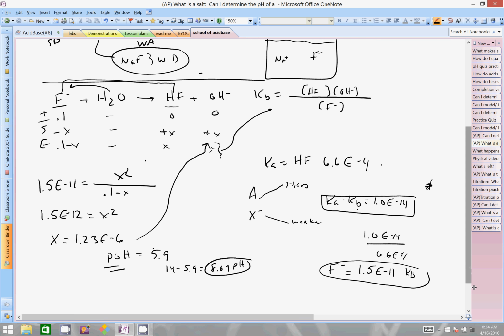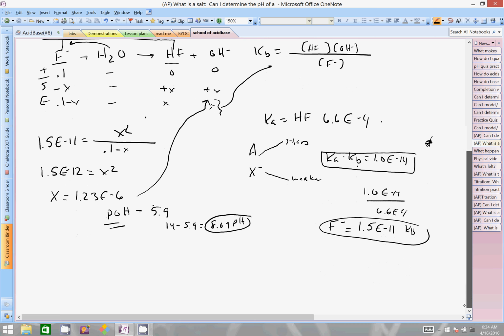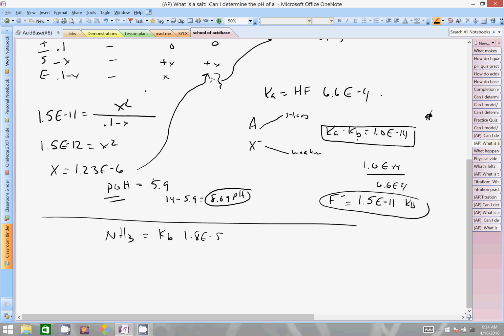Another example where you might use this is typically ammonia, NH3, which is given on charts. Kb for ammonia is 1.8 e to the negative 5th. So let's try an example of this. Let's say you want to do a concentration of NH4Cl.